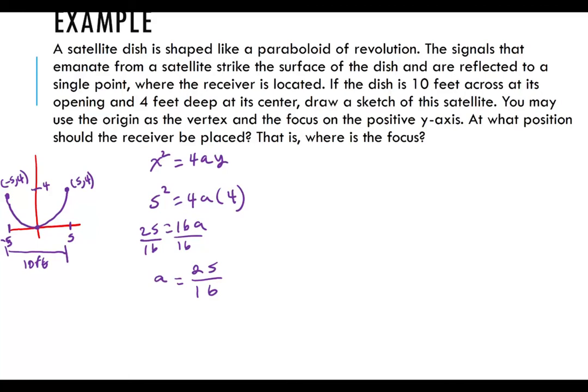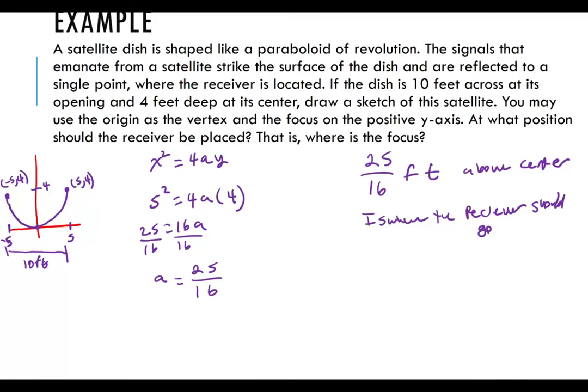Then, since we know the standard form of a parabola, and we know that a is 25 sixteenths, specifically, we know what distance from the vertex the focus exists. Specifically, the focus exists 25 sixteenths of a foot above the origin. And so, 25 sixteenths of a foot above the center is where the receiver should go, which is 1 9/16 feet, if you would rather, or 1.5625 feet.